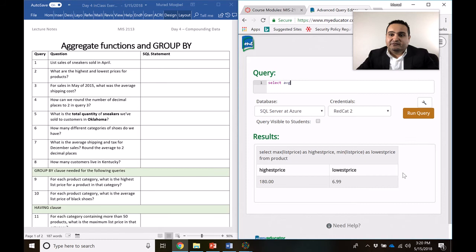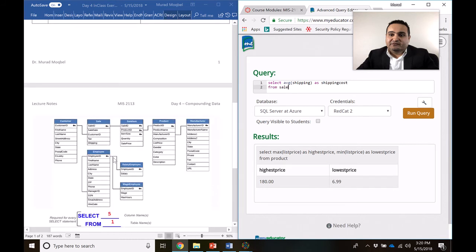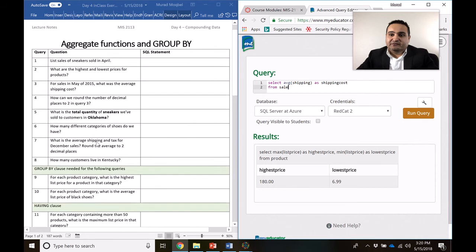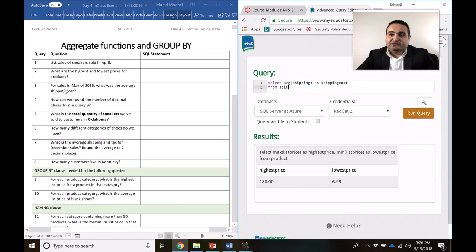So average AVG shipping as shipping cost from sale, right? From sale. And then the question also, they are specifying for May 2015.